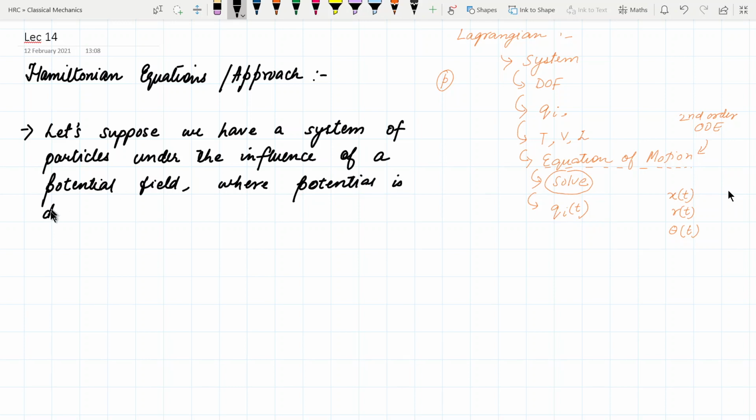Potential is dependent only on position.